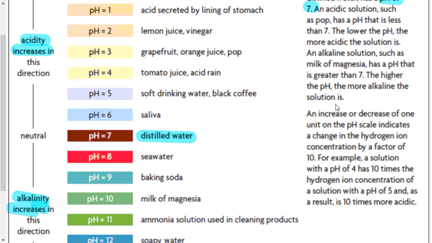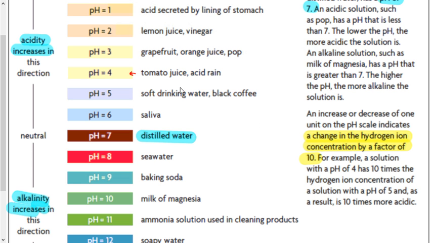An increase or decrease of 1 unit in the power of hydrogen actually illustrates a change in the hydrogen ion concentration by a factor of 10. So what that's saying, well, let's continue here. For example, a solution with a pH of 4 has 10 times the hydrogen ion concentration of a solution with a pH of 5.